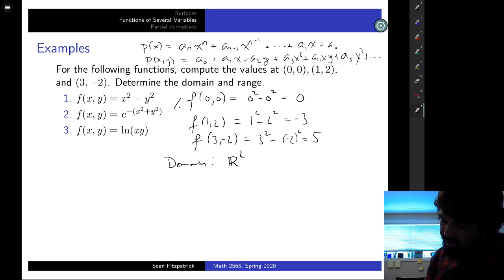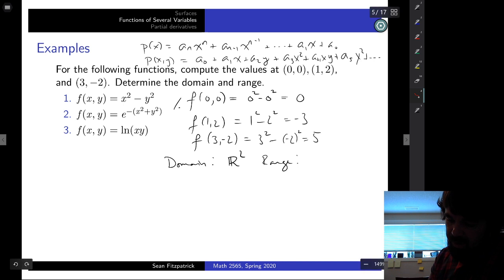What about range? So range is something you have to think a little bit harder on, right? For a function of two variables especially. How do you think about range? What are all the possible output values? Well, the easiest way to think about range for this one is to say, well, look, if I just put y equal to 0, right?